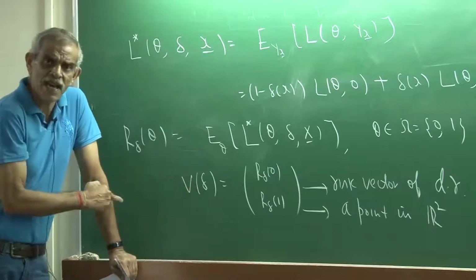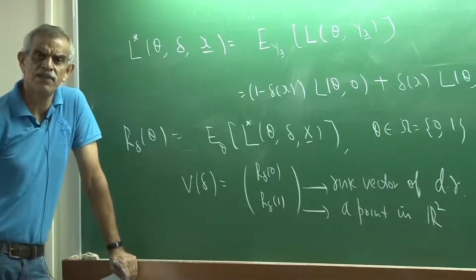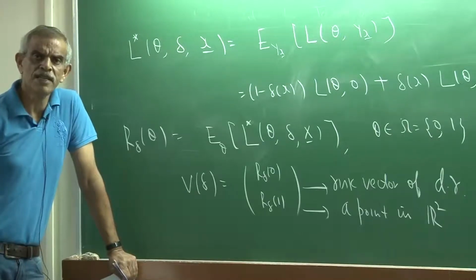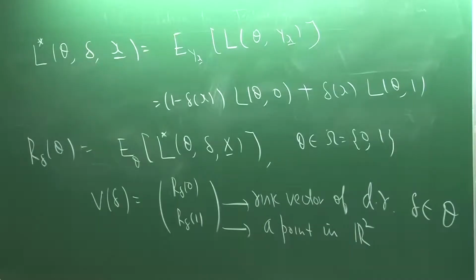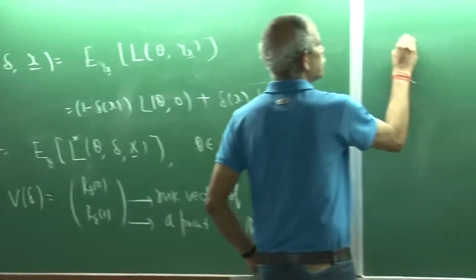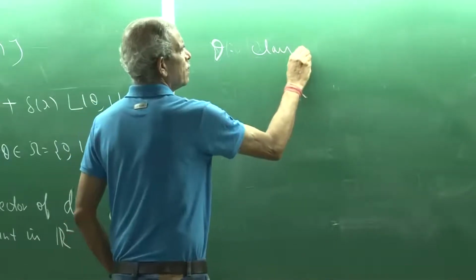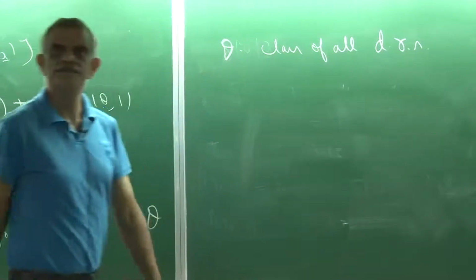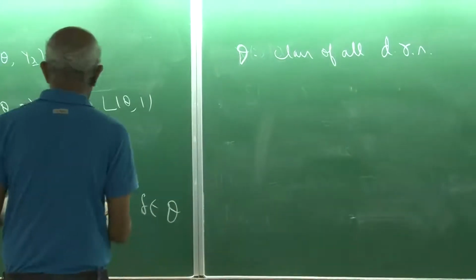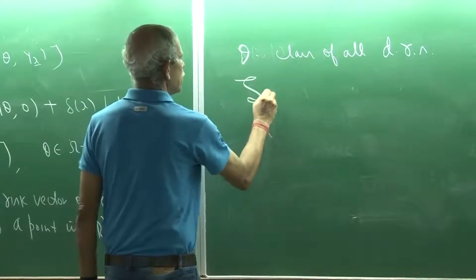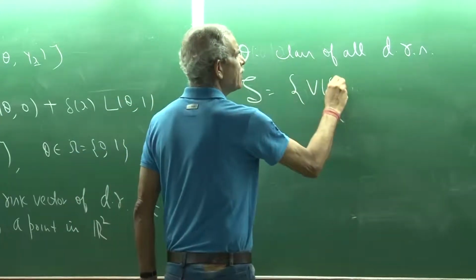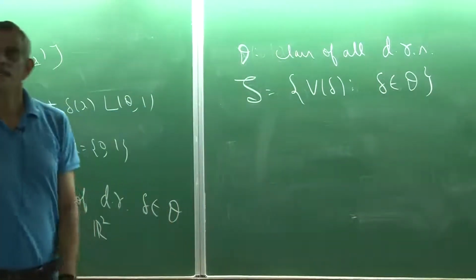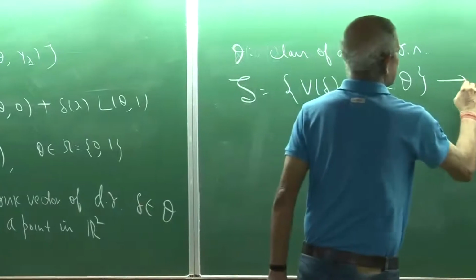Now as I vary delta, I get a collection of values of V(delta). Now that collection let me call a risk set. So let us say D is the class of all decision rules. Then the set S, which is the collection of all those V(delta) such that delta is in D, I call this set a risk set.